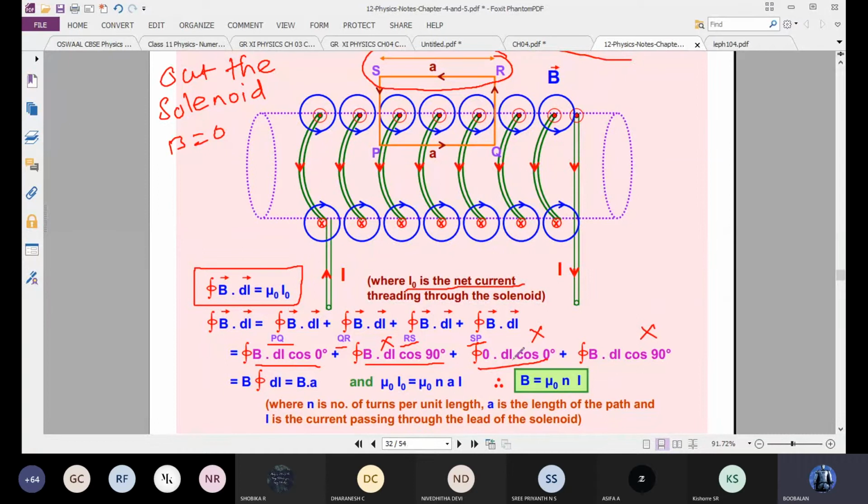So B dot dl equals B dl cos 0 degree, and applying the dl value, it is the length A. So B dot A equals mu naught I naught.